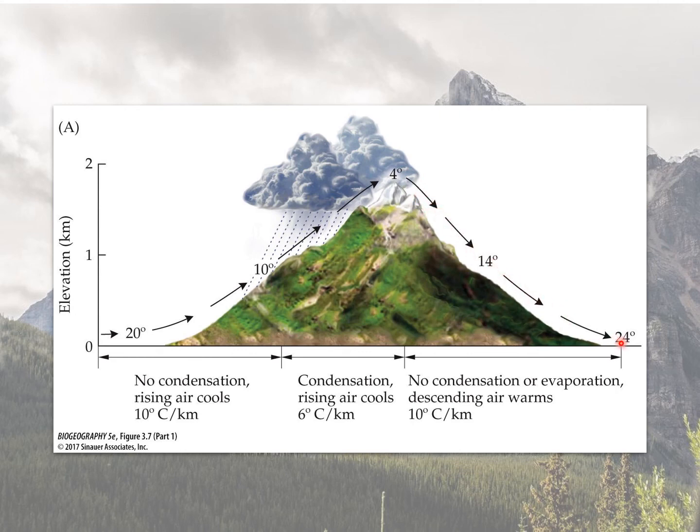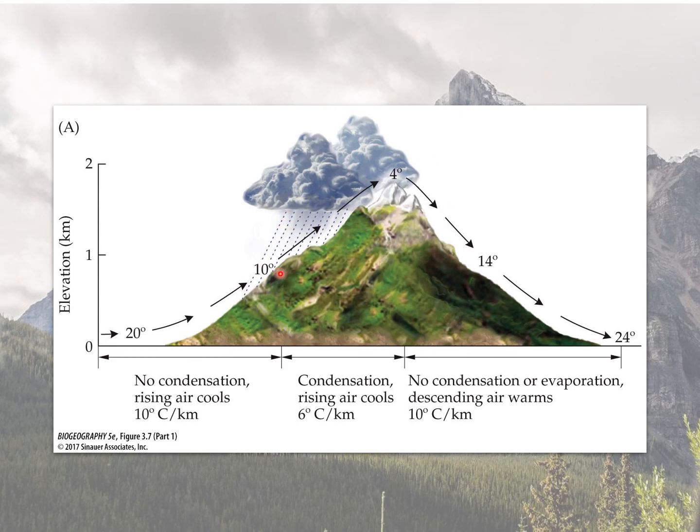And so it can actually warm up more on this side than on this side, and it's very dry. So you can get these really dramatic changes in the environment, because over here you're getting a cool, wet environment, whereas over here you end up with a really, really warm, really, really dry environment because of this dynamic.